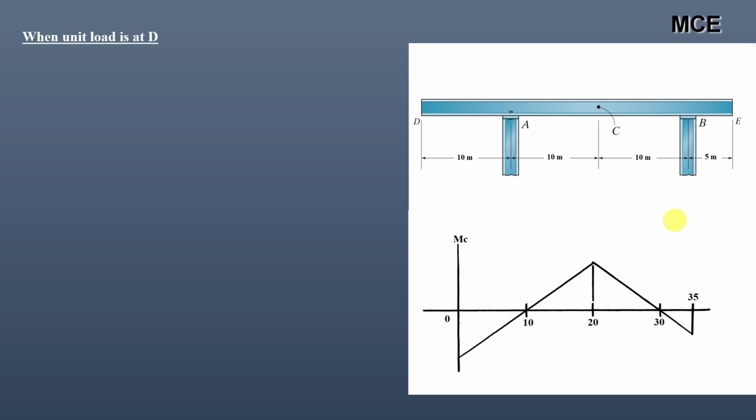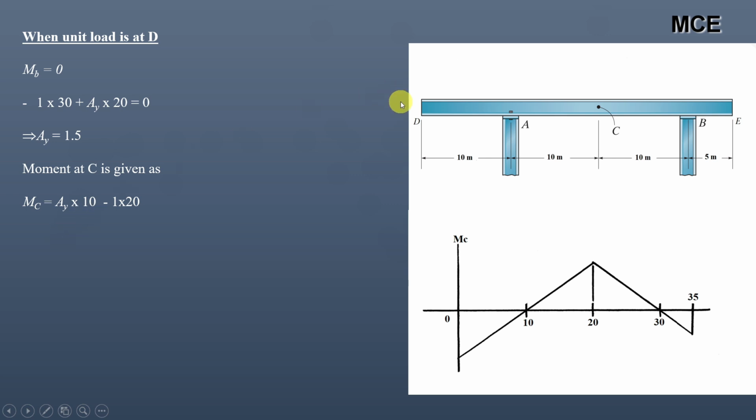Now first we will place the unit load at D and then calculate the value of moment at C. When the unit load is at D, value of vertical reaction at A is 1.5 as calculated in the previous slide. Moment at C will be the value of vertical reaction at A multiplied by 10 minus, since the unit load is at D and its moment about C will be anti-clockwise, the magnitude will be 1 into 20.